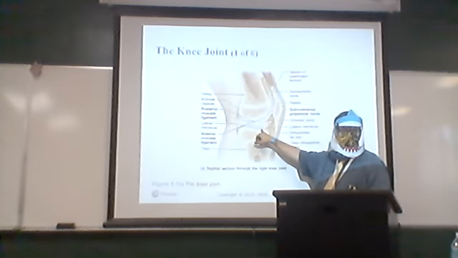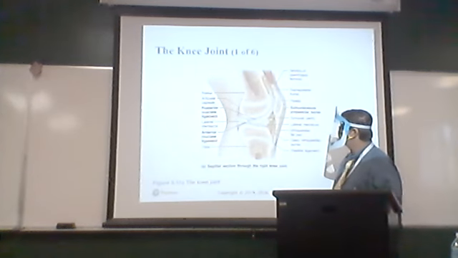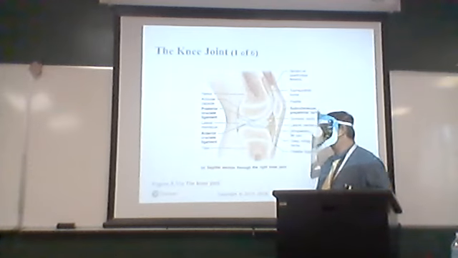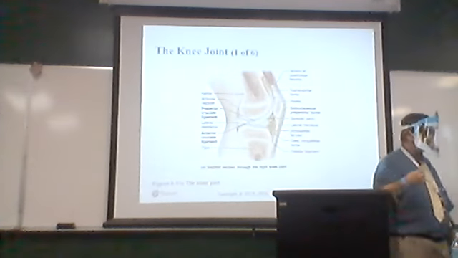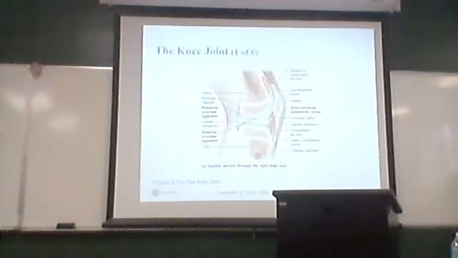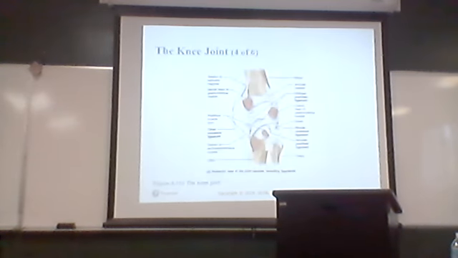Is that clear? And the posterior cruciate inserts on the posterior. So they are named for their insertion on the tibia, not the origin. Got that.